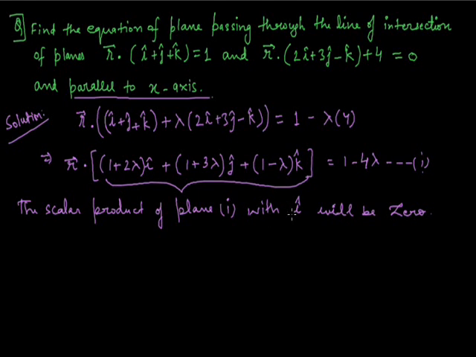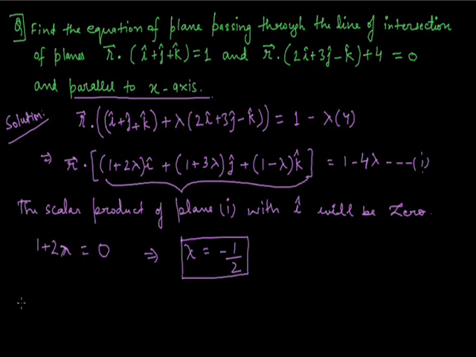Because these two vectors are perpendicular to each other, the angle between them is 90 degrees, and hence the scalar product will be equal to 0. So let's take the scalar product of this normal vector and i cap. It is going to be 1 plus 2 lambda only. 1 plus 2 lambda must be equal to 0, and for that purpose, lambda should equal minus 1 by 2. So here we get the value of lambda as minus 1 by 2.